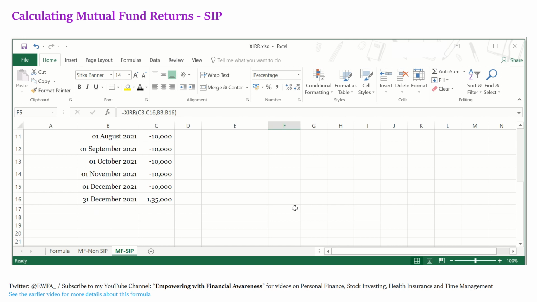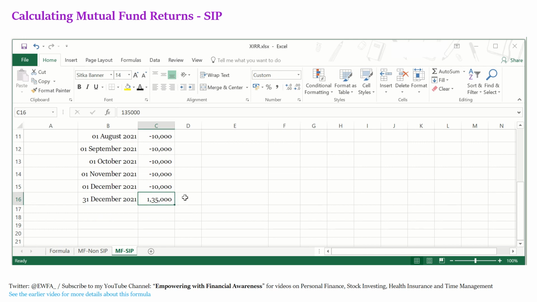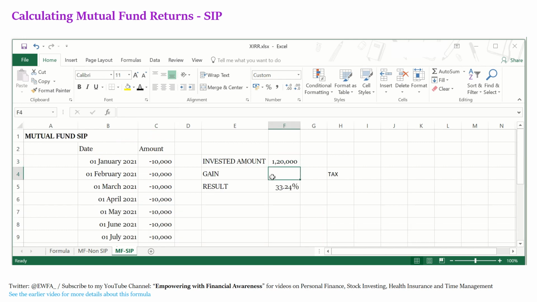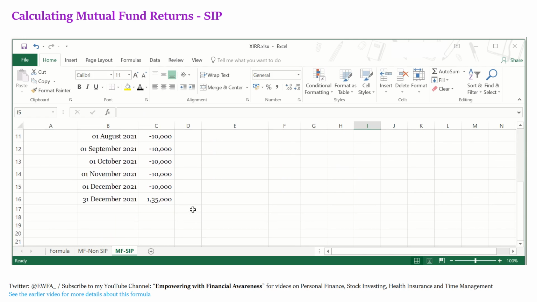And there is a tax to be paid since you have made a gain here, and it's a short-term tax. So in this, the gain amount is 1,35,000 minus 1,20,000. It is roughly 15,000. And tax is a short-term tax of 15% over this 15,000. So the tax amount is 2,250, which I pay before the 15th March due date.